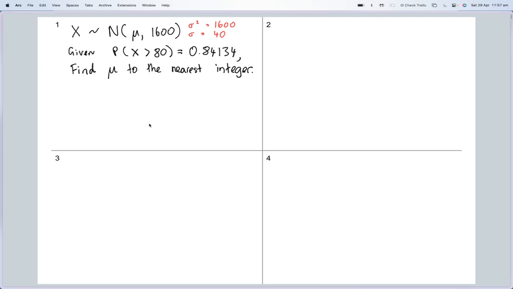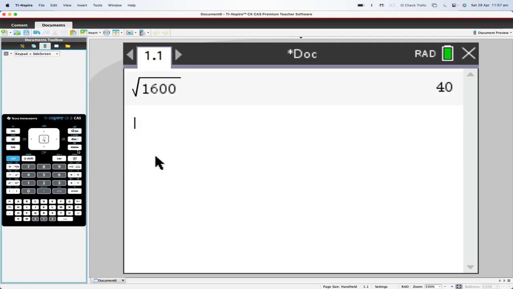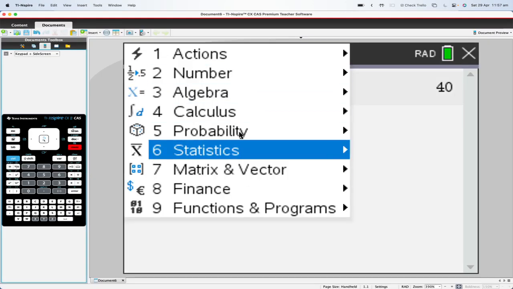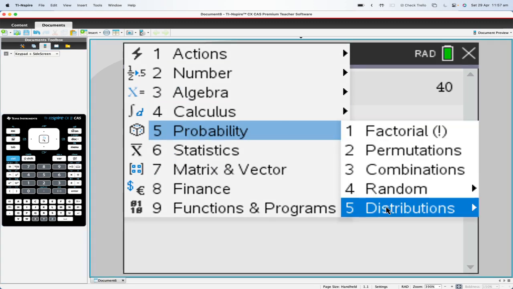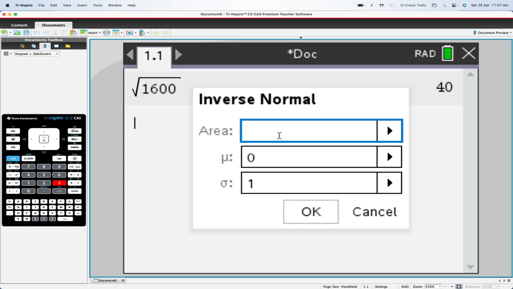Our usual practice is to find the z value and then use the z value to work out what mu is using the formula. However, when we go to find the z value, menu, probability, distributions, and then inverse normal, it asks for an area, a mean, and a standard deviation.